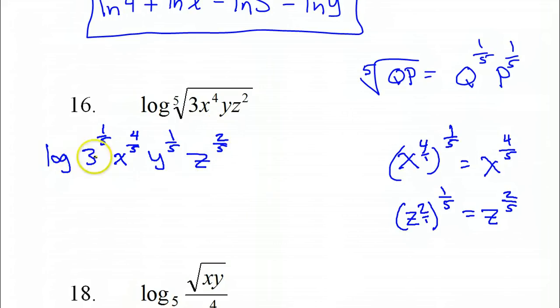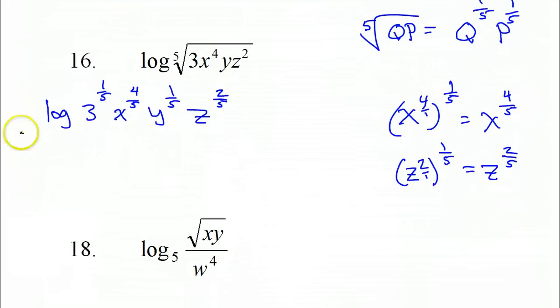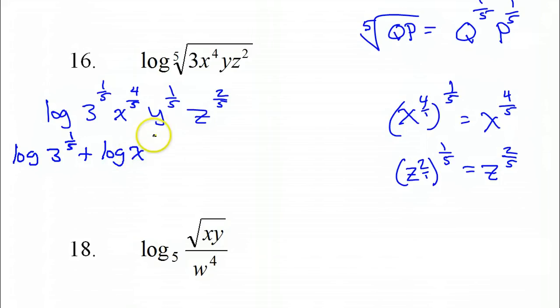So I'm going to wind up with 4 terms all added together. So this will expand as log 3 to the 1/5 power plus log x to the 4/5 power plus log y to the 1/5 power plus log z to the 2/5 power.